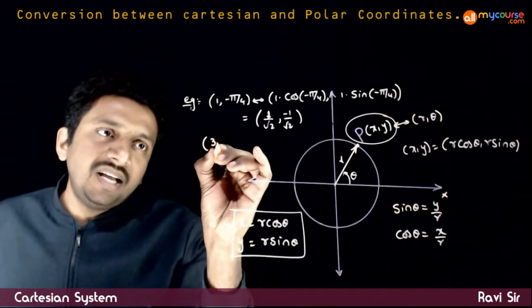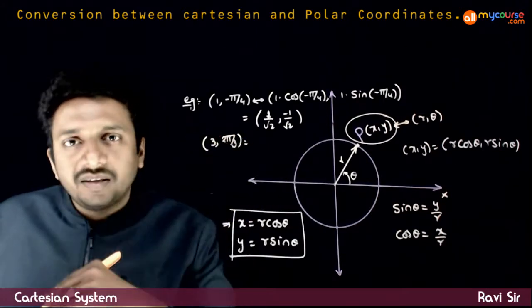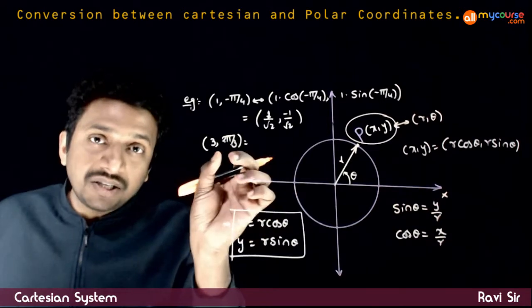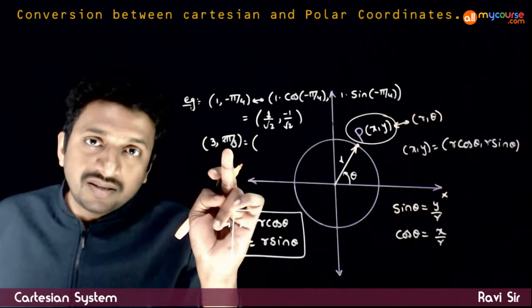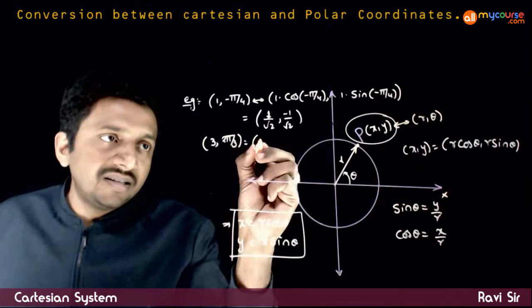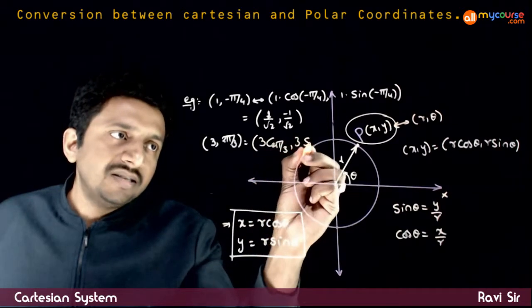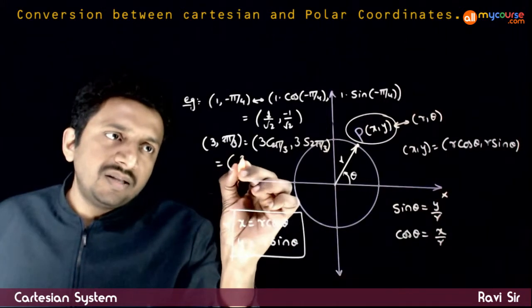Next, if you have 3 comma 2 pi by 3, this is the polar coordinates. What are the Cartesian coordinates of the same point? r times cos theta, r times sine theta. That is 3 cos 2 pi by 3 and 3 sine 2 pi by 3.